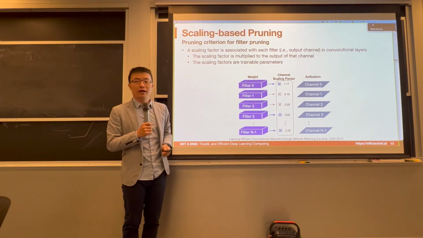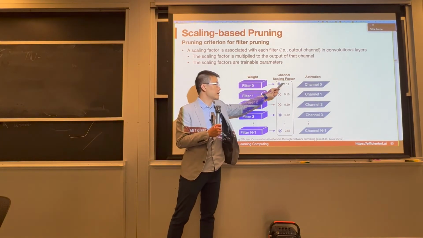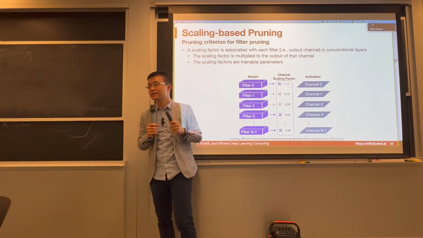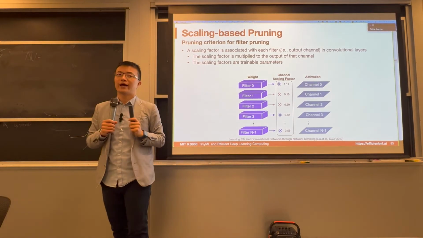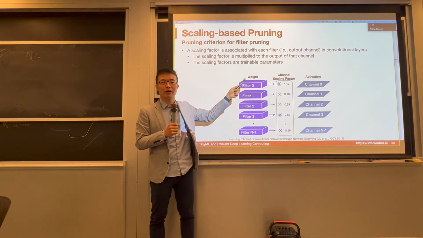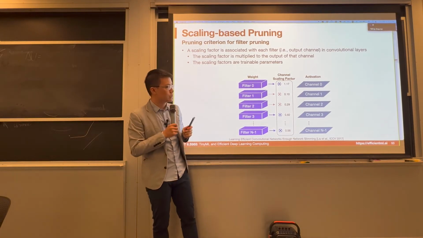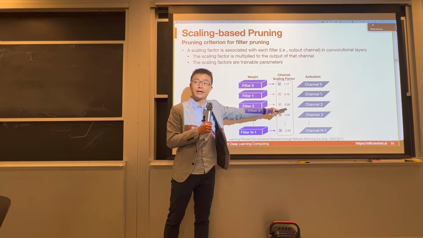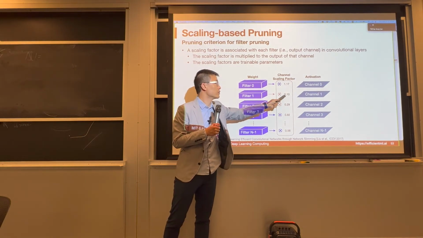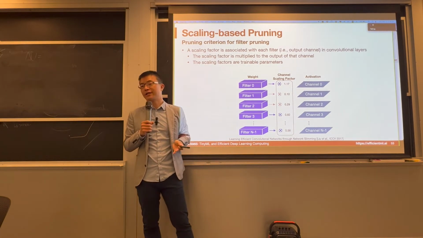And so on. And then you can apply regularizations on these scaling factors so that the scaling factors are encouraged to be small. So at pruning time, we just remove those channels with a small scaling factor.